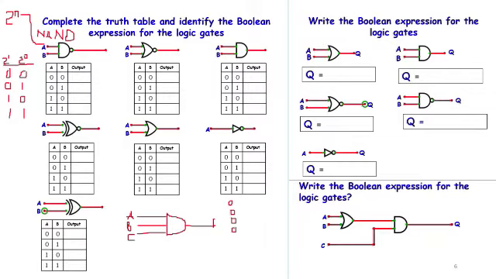So 2 raised to power 1 is 2. You repeat 0 two times, and you repeat 1 two times. But the number of repeats decreases as you move across the columns till you get to 0.